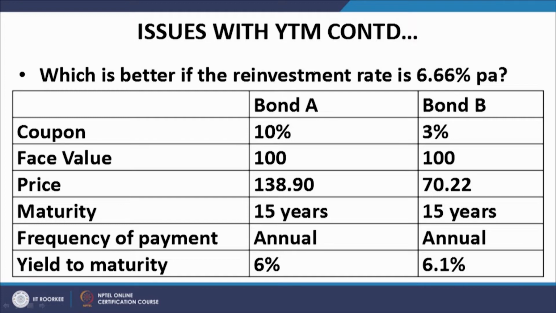But we now add one more data to our problem, and we assume that the reinvestment of coupons during the life of bond A as well as that of bond B is at 6.66%. With this additional assumption, let us examine which is the better investment.